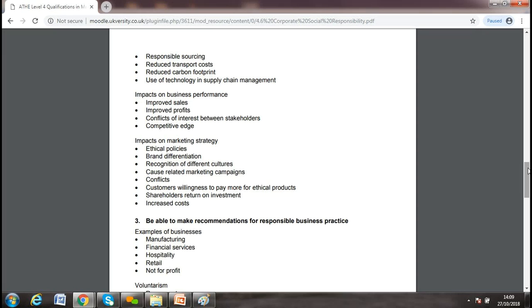Responsible business practices. When we look at business practice, it can be responsible. What business practices are responsible? For example, reducing pollution, providing fair treatment, and putting in place clear policies, procedures and systems of control within an organization.